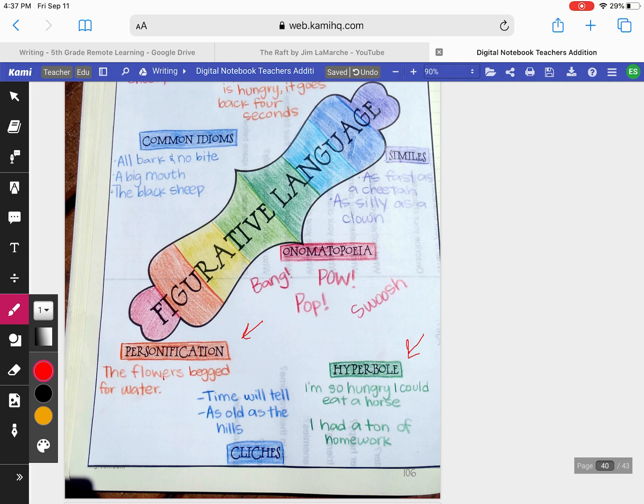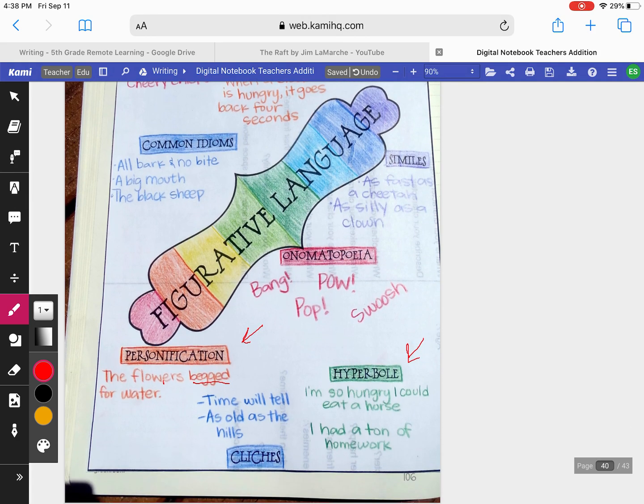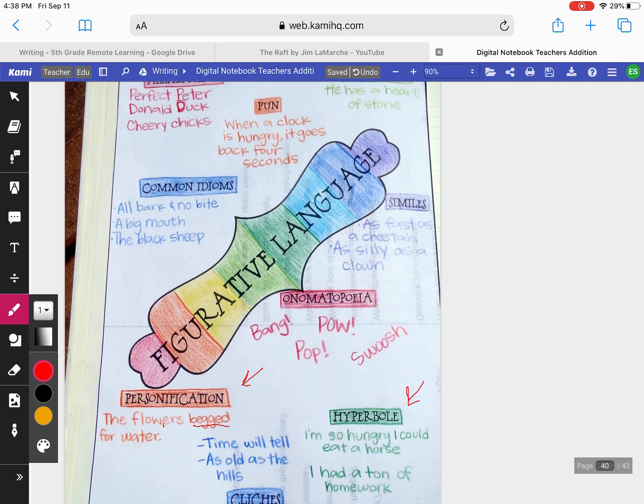For example, flowers cannot beg, but the writer might say the flowers begged for water because the writer wants the reader to understand how thirsty those flowers probably are.